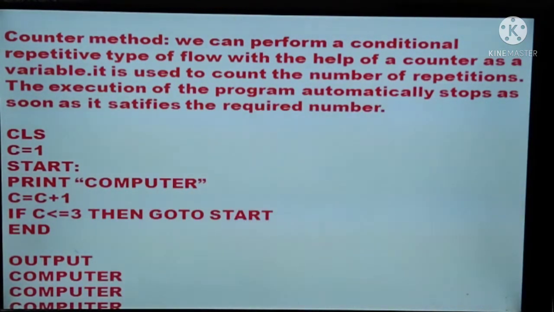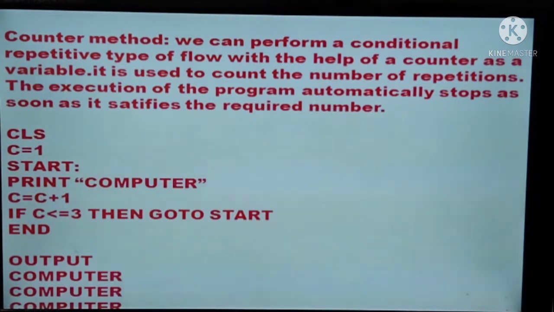See, I have given an example. CLS, clear screen, as usual. Then I have taken a counter variable C and initialized it with 1. Then you have to write start, this is the syntax, start colon, and then a print statement. Within double quotes, I am printing computer.